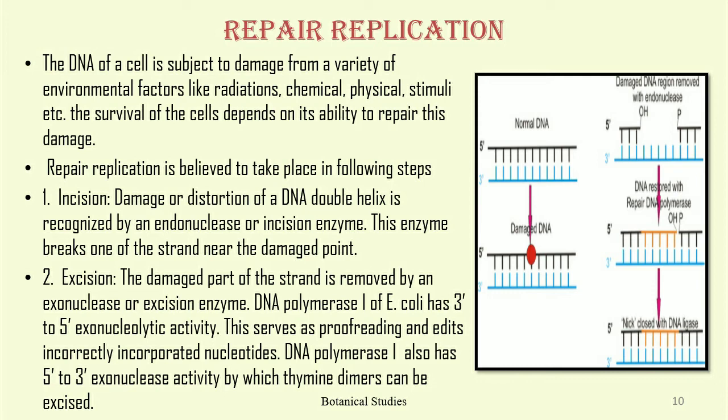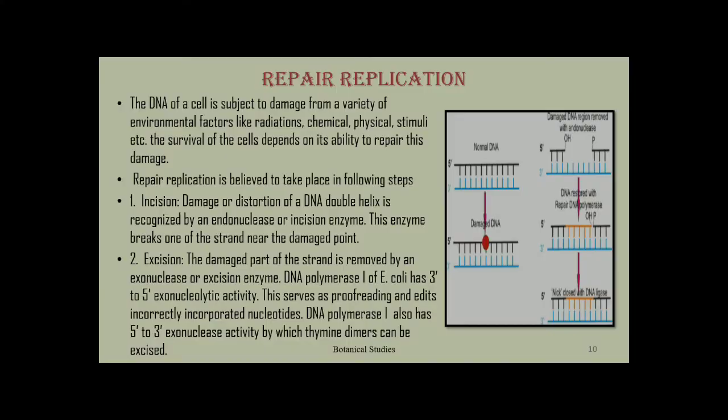DNA polymerase first of E. coli has 3' to 5' exonucleolytic activity. This serves as proofreading and edits incorrectly incorporated nucleotides. DNA polymerase first also has 5' to 3' exonuclease activity by which thymine dimers can be excised.